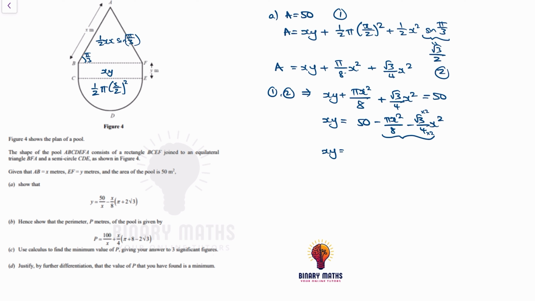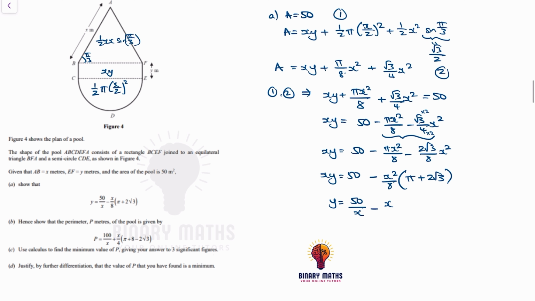So I end up getting xy is equal to 50 minus pi x squared over 8 minus 2 root 3 over 8 x squared, which means I can factor out the x squared over 8, and inside the bracket I get pi plus 2 root 3. Okay, the last thing I need to do is divide by x. So I get 50 over x minus x squared over x will just give me x, which gives me x over 8 (pi plus 2 root 3). And that is what I wanted.